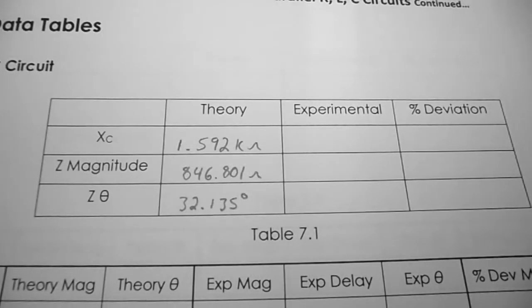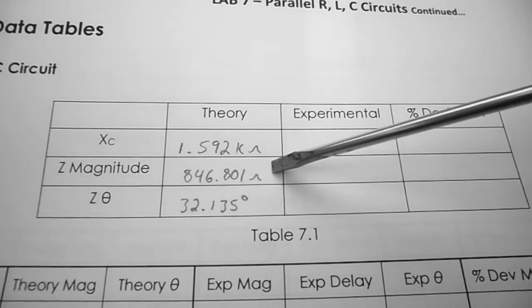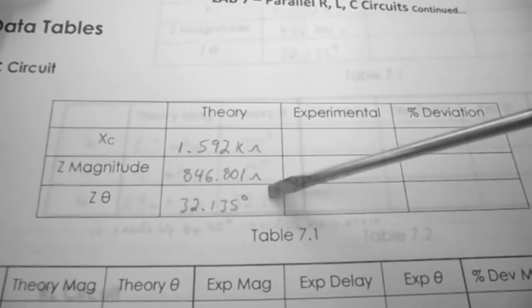So in table 7.1, I've filled in my theory for XC, Z magnitude, and Z theta.